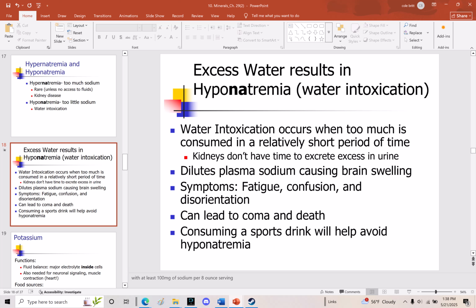And so that's why it's really important, if you are exercising, especially in the heat, over an hour, you should really be replacing sodium, not just drinking water. So it can lead to coma, death. Consuming a sports drink will help avoid hyponatremia, aka water intoxication.